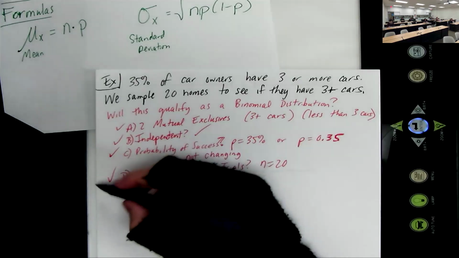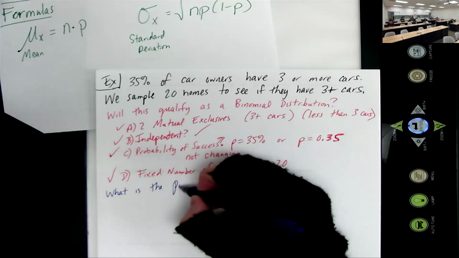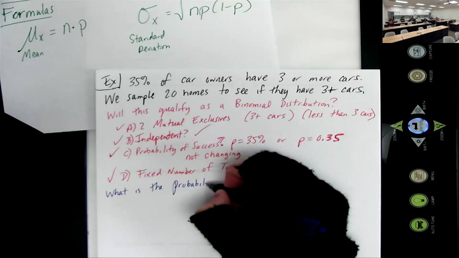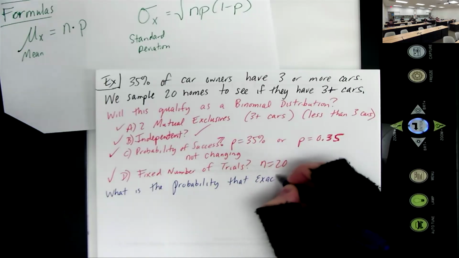So what is the probability that exactly 5 homes have 3 or more?